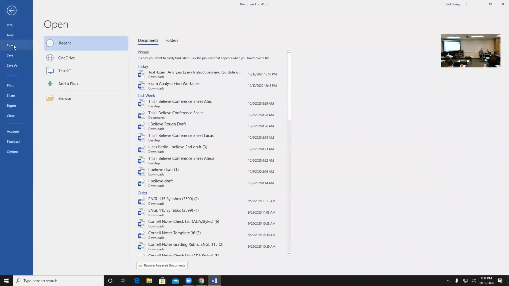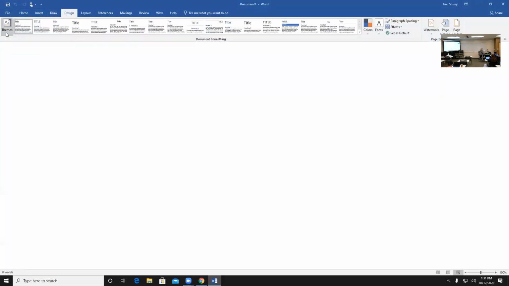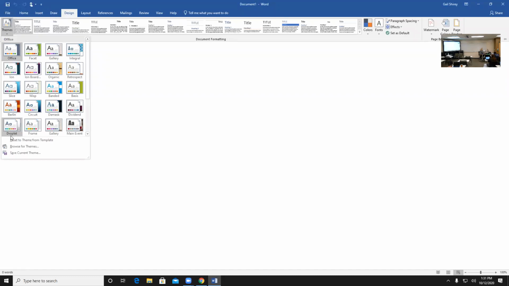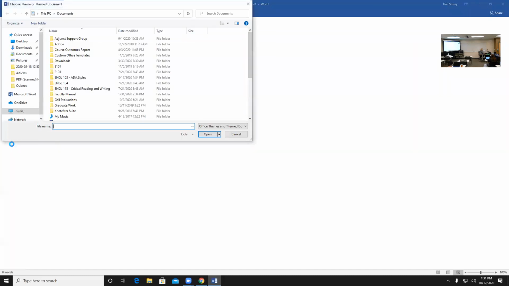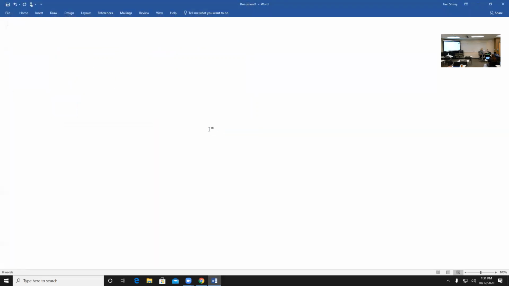File. Oh. Where was it? Design maybe? Theme. Browse for themes. Yep. So yeah, it looks like it's going to do it for you. Exactly what we did. So now in theory, it's going to set it up in MLA.